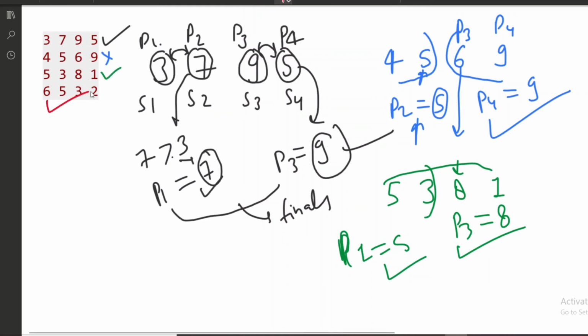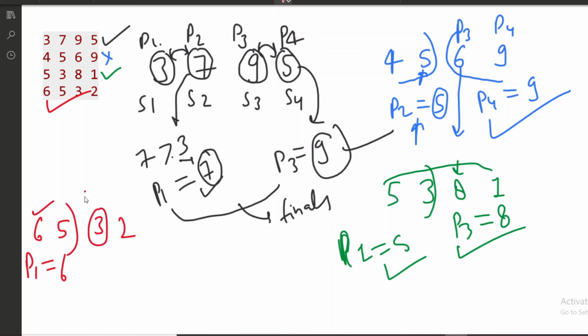Let's talk about the last test case: 6, 5, 3, 2. P1's rating is 6, which is greater than P2's rating, so it will reach the finals. And here P3 will reach the finals because its rating is 3, which is greater than P4's rating. Now you have to verify whether ideally these two players should reach the finals or not.